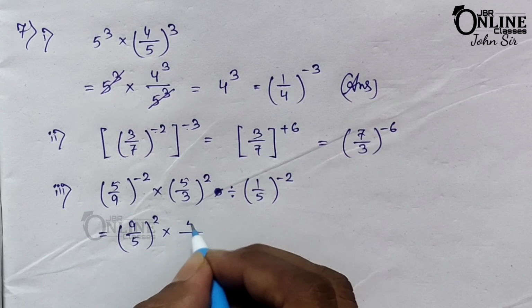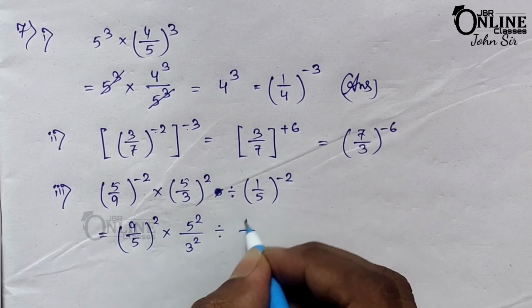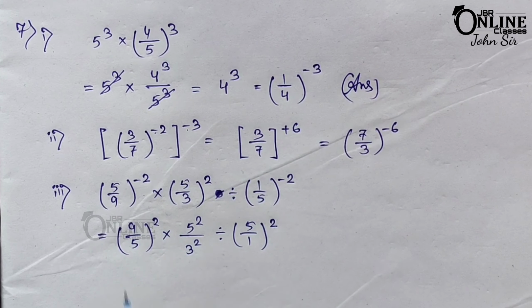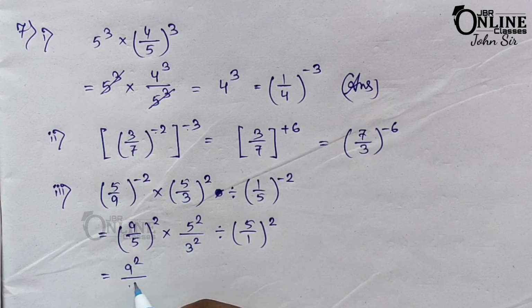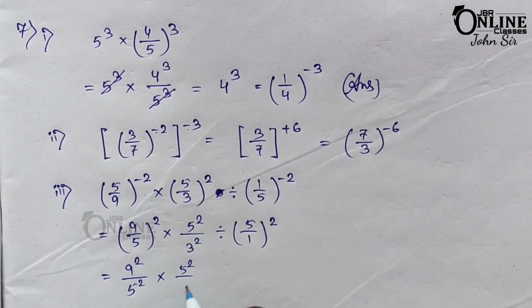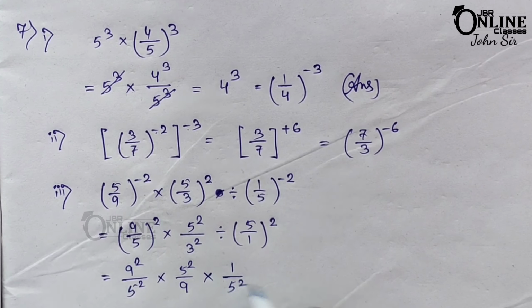Here 5 square by 3 square, and here divided by 5 by 1 whole to the power 2. So 9 square by 5 square into 5 square by 9, and if you multiply here, it will be 1 by 5 again, so 1 by 5 square.